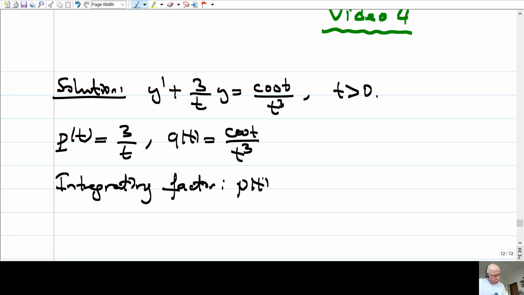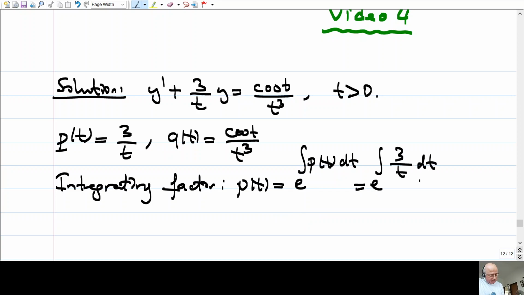That was mu t, and it was e to the power integral of p t dt. So if I plug this in, I get e to the power integral of 3 over t dt. Well, this is just e to the power 3 times ln t plus c, right?